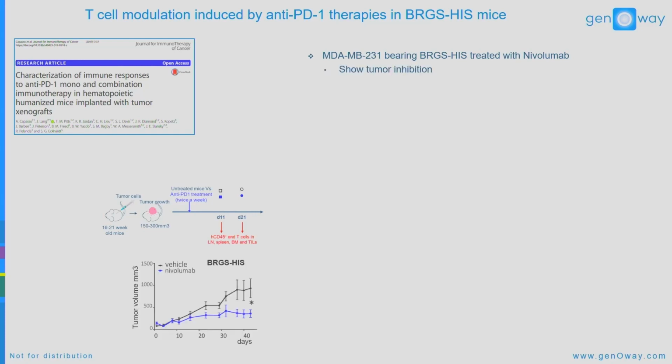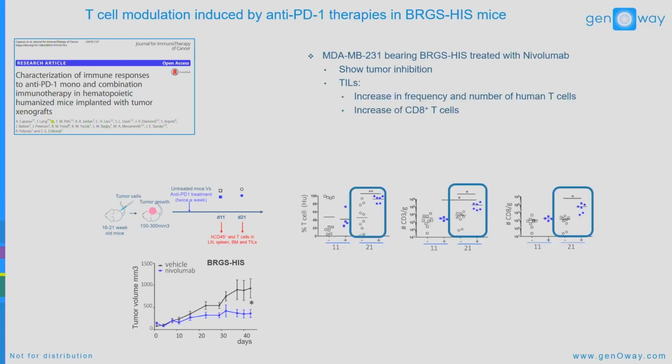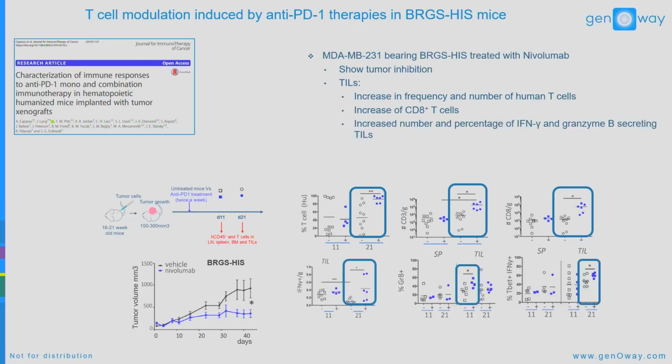Nivolumab treatment resulted in tumor growth control. Looking into the TME of the animals, there were no significant changes at day 11. But at day 21, they observed an increase of CD8 T cells. And these CD8 T cells were cytotoxic T cells as being interferon gamma positive and perforin positive.